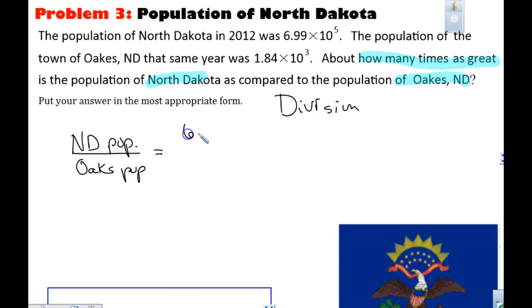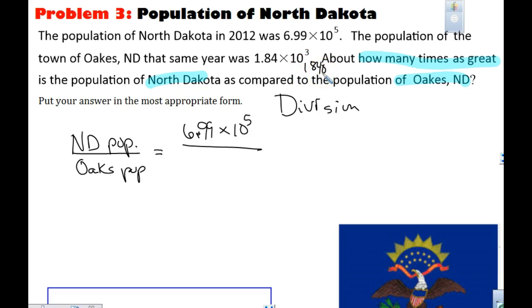So we are going to write it as 6.99. Now 6.99 times 10 to the 5th, that's not that many, right? That's just 5 zeros behind this. It's almost 700,000, right? This is an estimate, keep in mind. Divided by Oaks' population. What is Oaks' population in standard form? It would actually be 184,000 people.